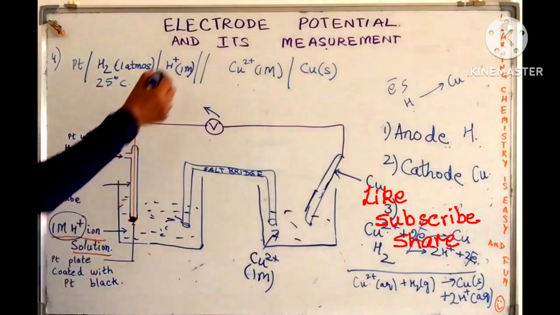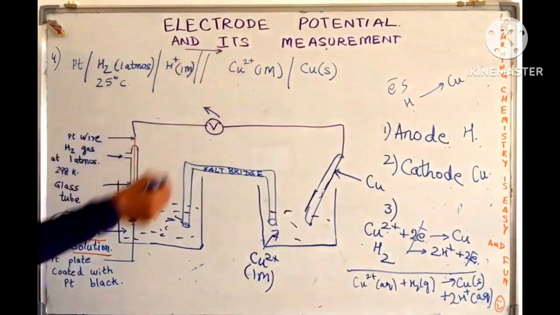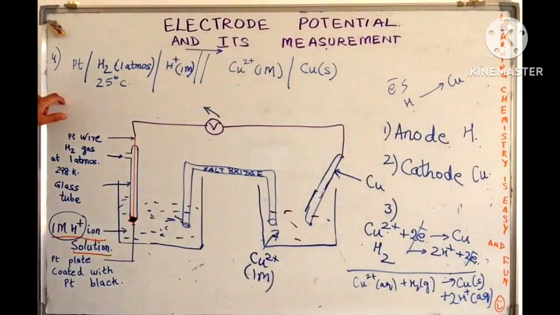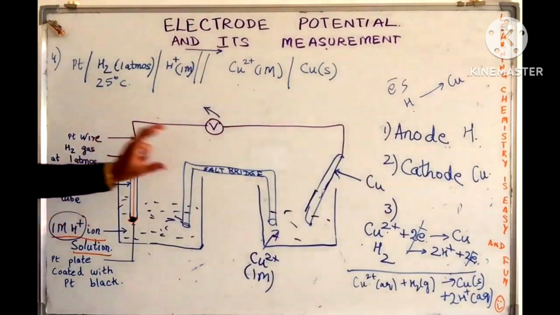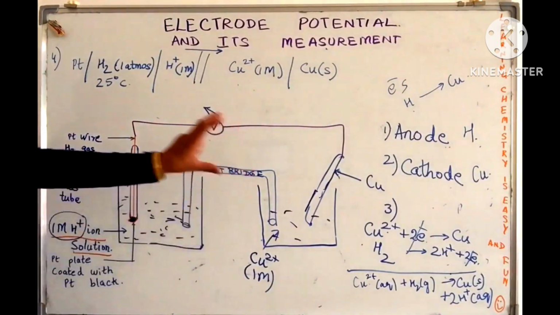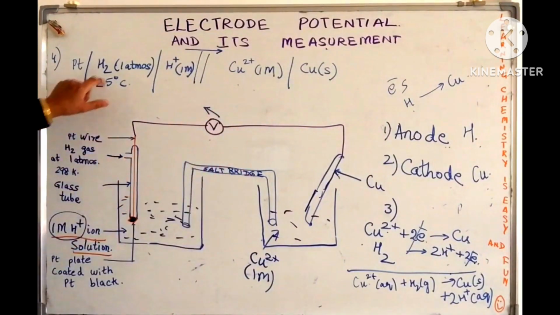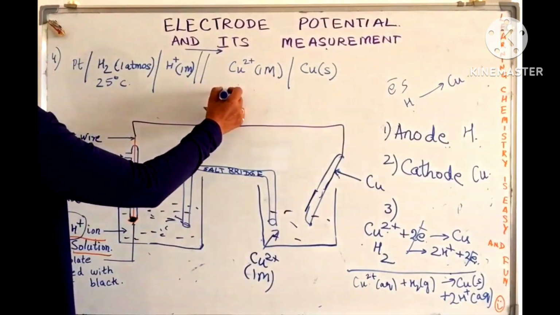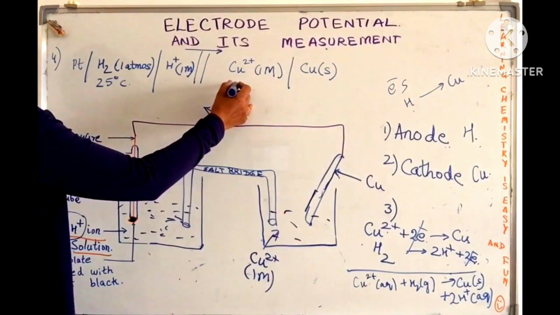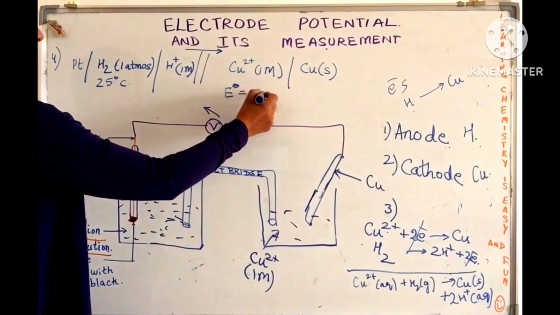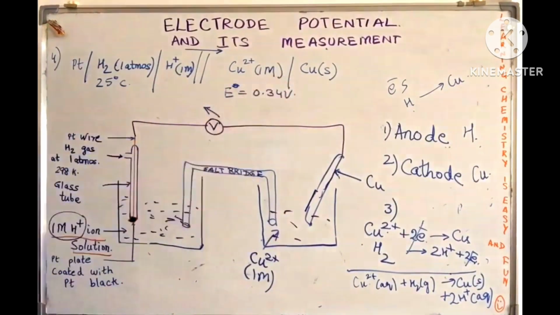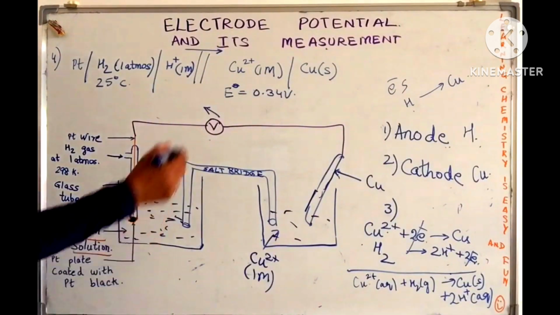Again, the last step in cell representation, movement of electrons from left hand side to right hand side. Please remember, left hand side to right hand side does not mean in this diagrammatic representation. Left hand side to right hand side means in this cell representation that we have got. That means the 0.34 volt that I have measured over here, the standard value that you've got, this much is the tendency of copper to get reduced.